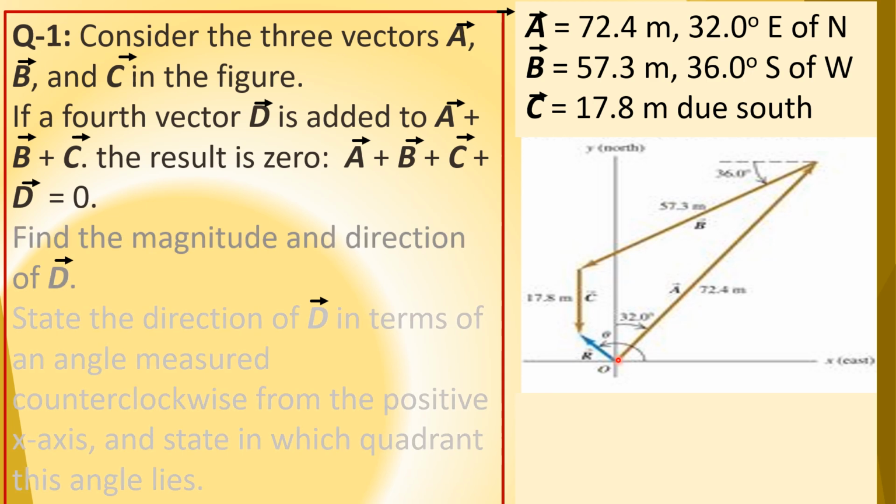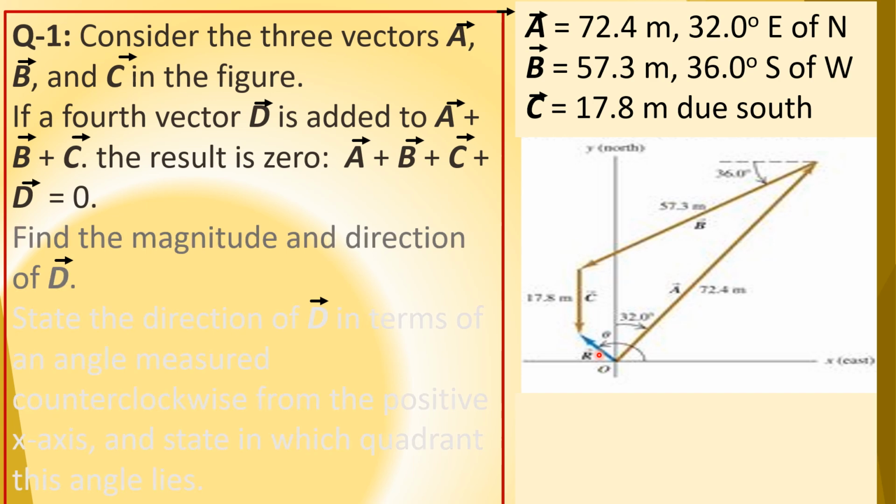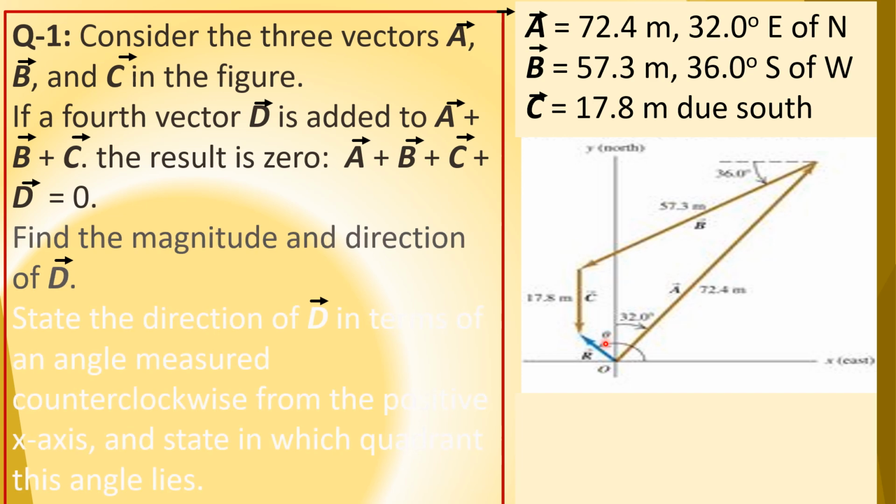We label it as vector R, which is the resultant or the vector sum of vectors A, B, and C. It makes an angle theta with a vertical. So that angle is labeled angle theta.